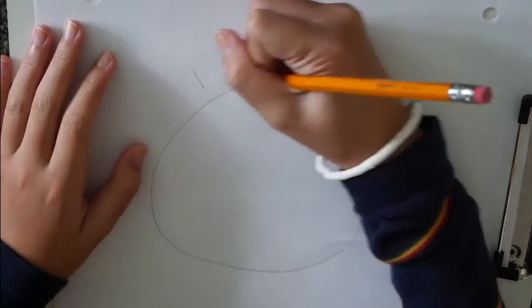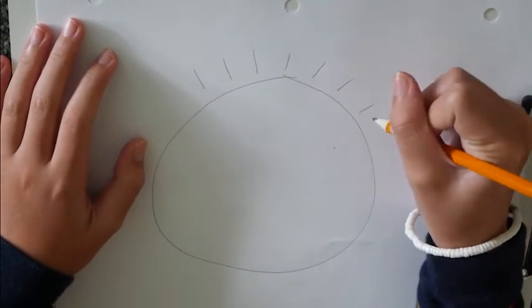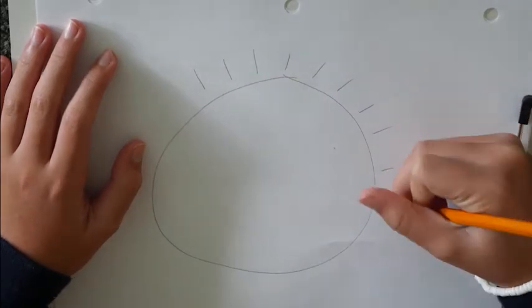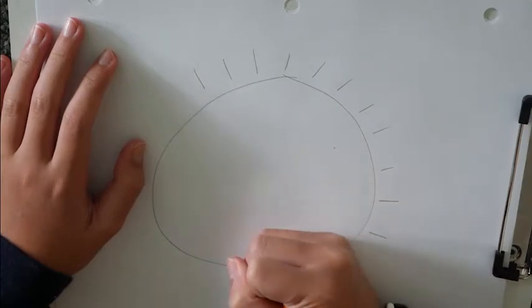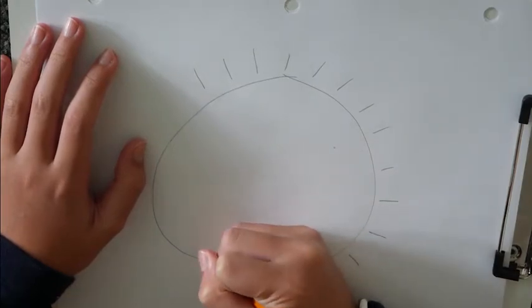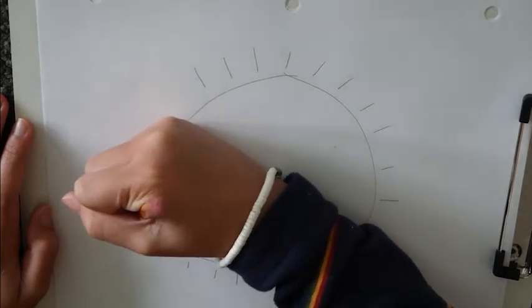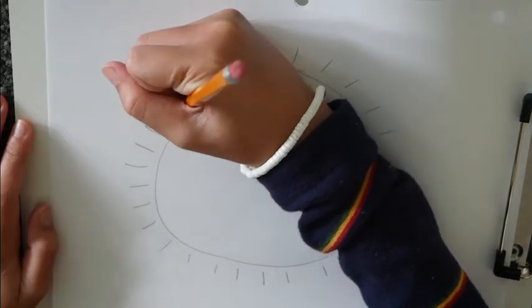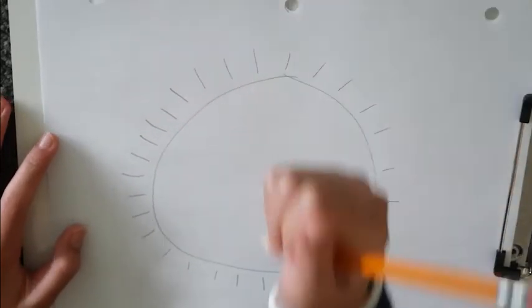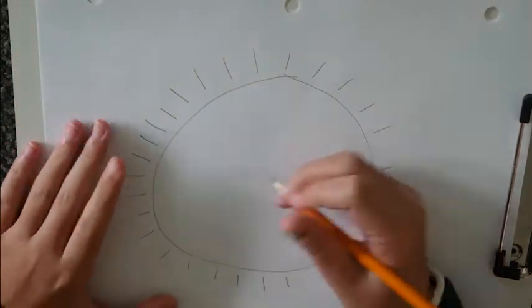And then I'm going to draw the lines around the sun, which also don't have to be perfect because you can make a perfectly straight line in Photoshop too. Now I'm going to start on the elements inside of the sun.